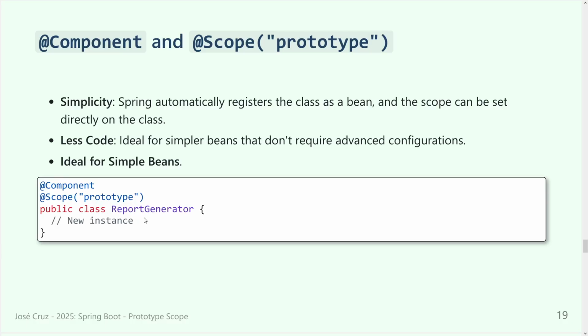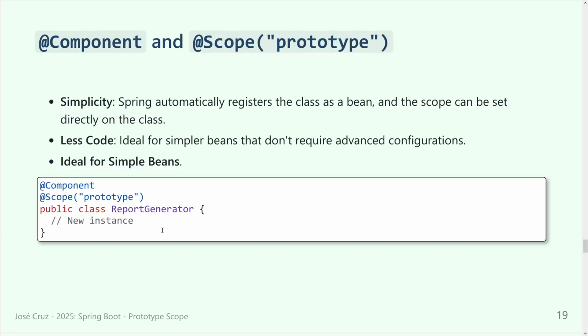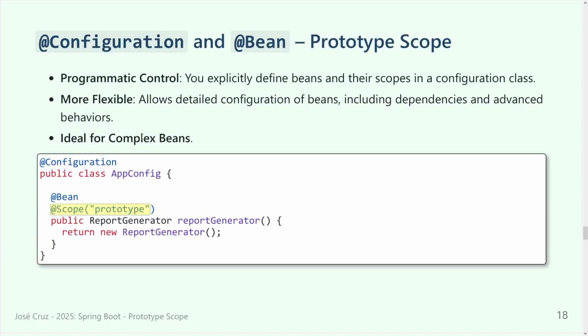Spring Boot will call the constructor of this class. And here, Spring Boot is not calling the constructor of the class, it's just calling this method, and we can do whatever we want, and it will be on our side to call the constructor of the class. So this one is better for simple beans, this one for complex beans.